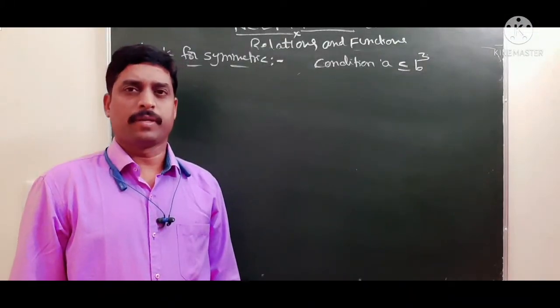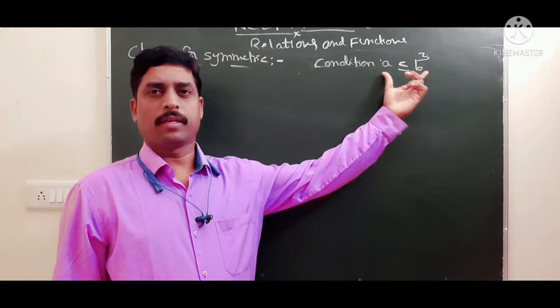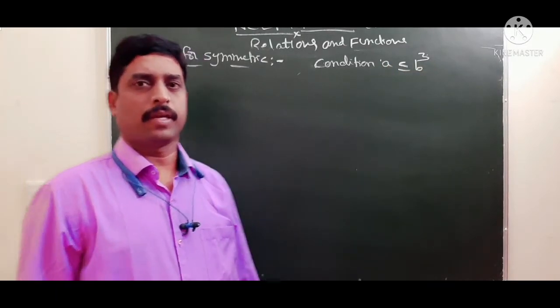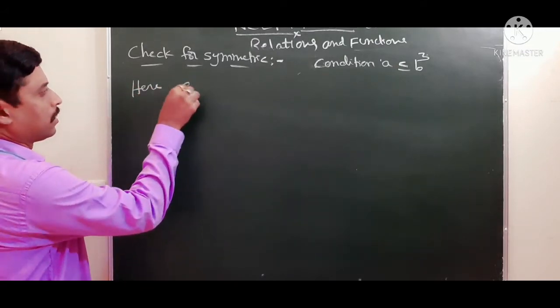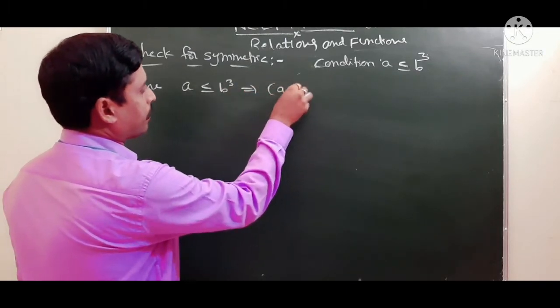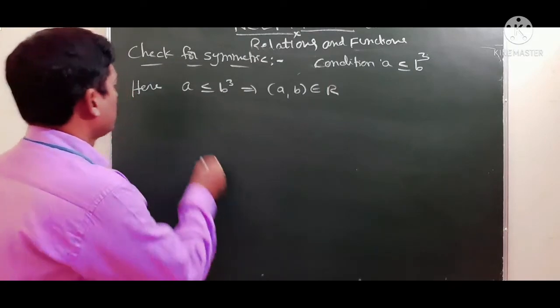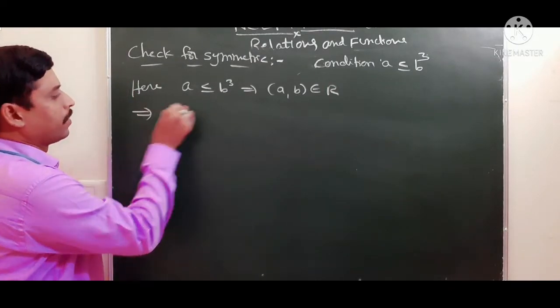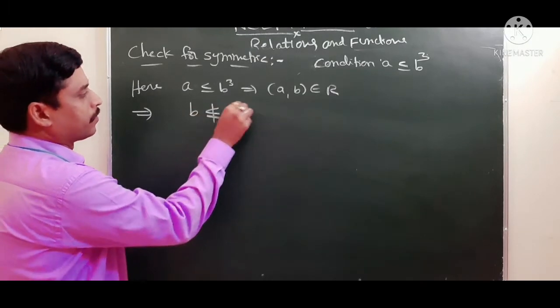Now explain the symmetric property. So what is the given condition? a less than or equal to b cube. Here a less than or equal to b cube implies (a, b) belongs to R. That implies b not less than or equal to a cube.